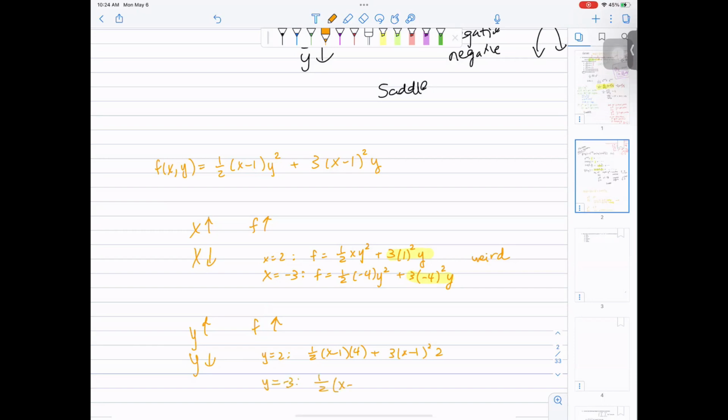You get 1/2 x minus 1, 9 minus 3 x minus 1 squared, 3. And I would say that this term is bigger because it has this x minus 1 squared. So this term will always be larger than the first term. So f is being negative. So I would say that it's still a saddle point in this case. So you have to keep testing and seeing what is happening to the behavior in different directions.